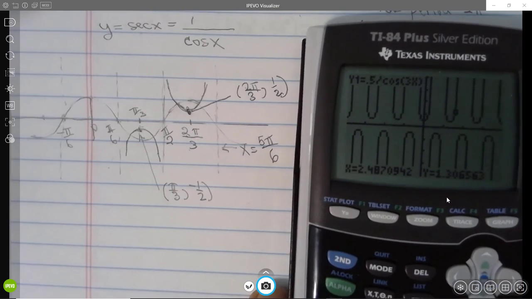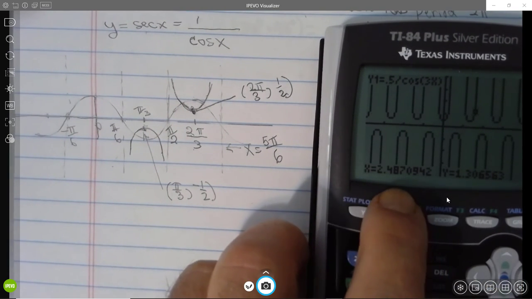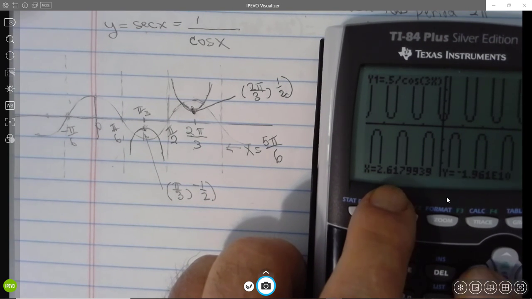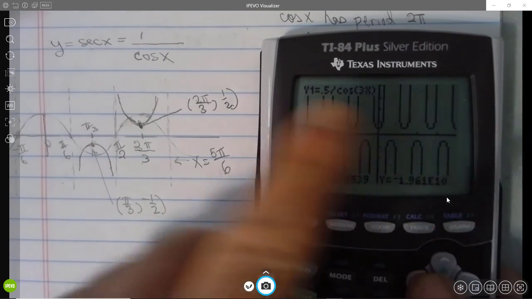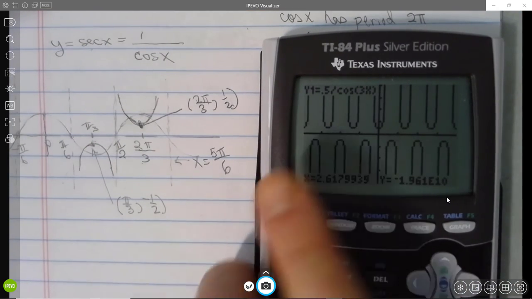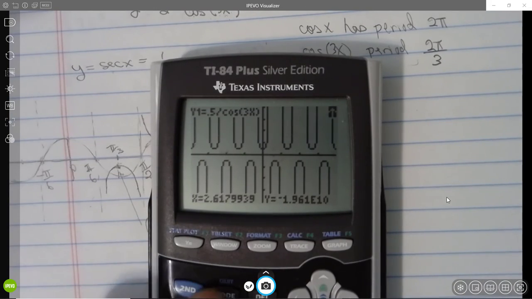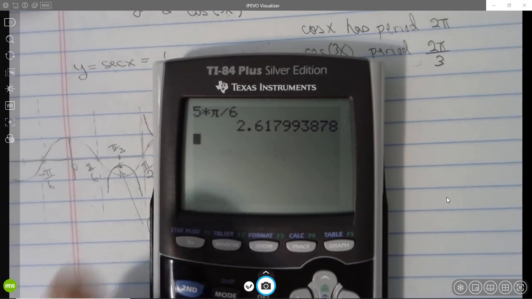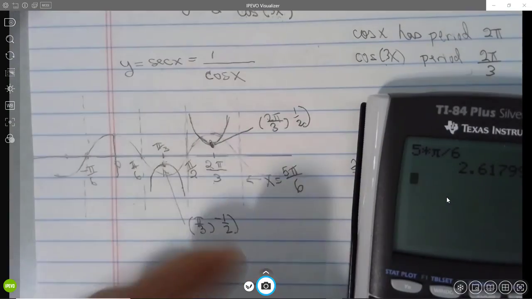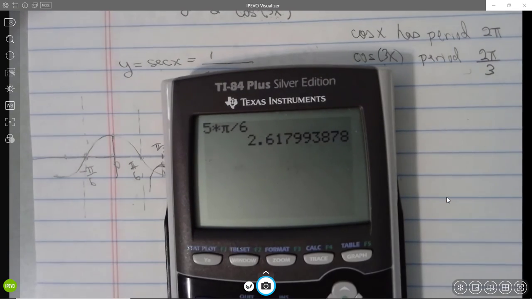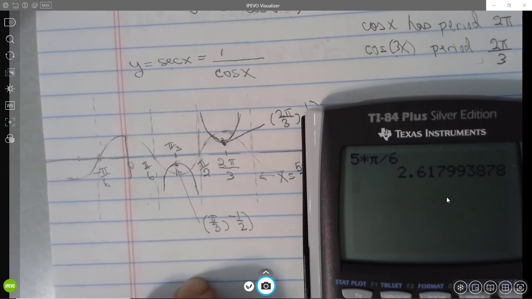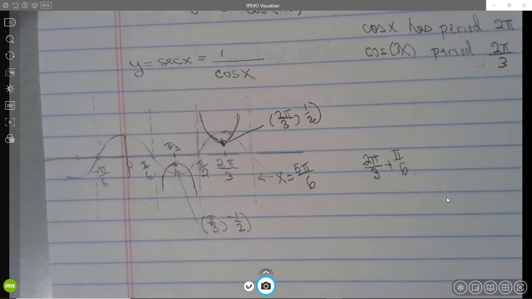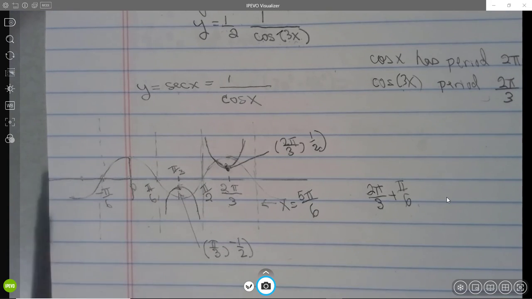And you can see we're starting to get close to that, almost 2.5 here. And of course, it's going to go off the scale quickly because this function grows so quickly. But around 2.6 is what we had, and 2.617 is the exact location of the vertical asymptote there. So things are being pretty well confirmed, and we could do more of those calculations, but we're getting what we expected. So that's the graph of 1/2 the secant of 3x.